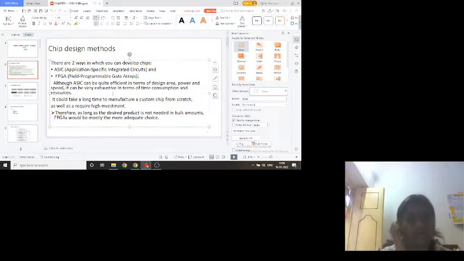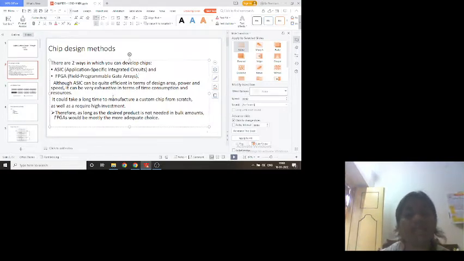Although the ASIC can be quite efficient in terms of design area, power and speed, in digital system design, to achieve the overall performance of the IC, there are three factors we have to consider.